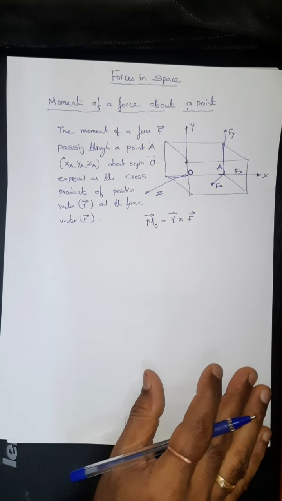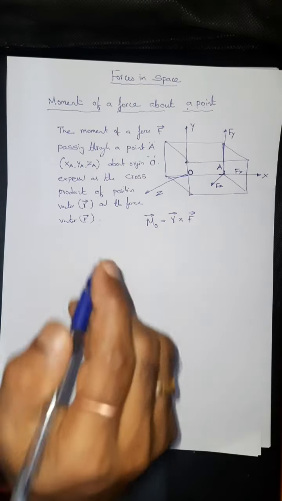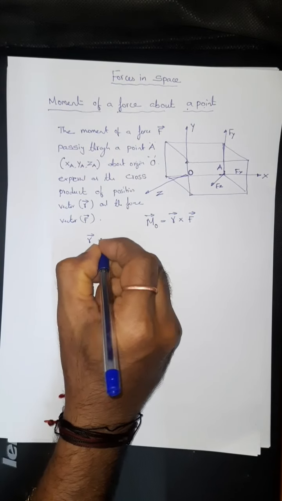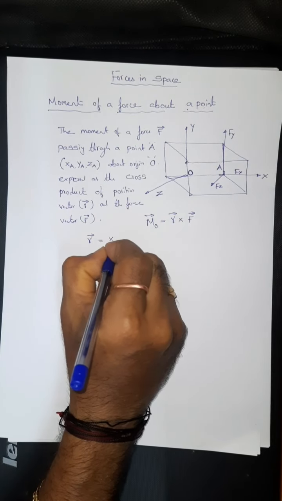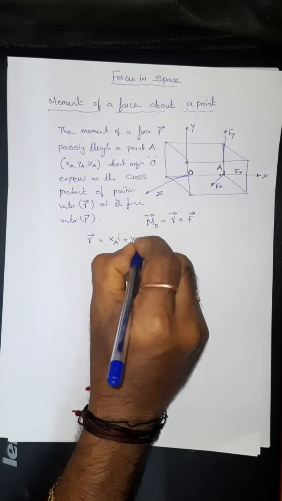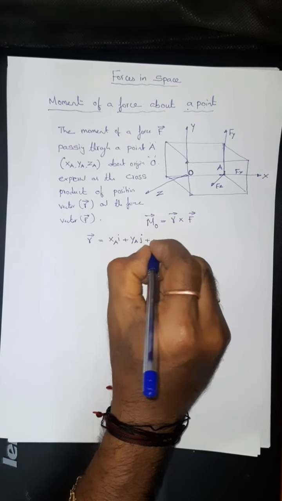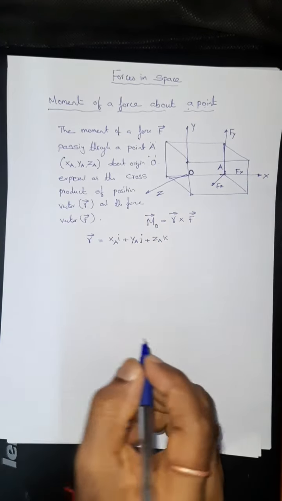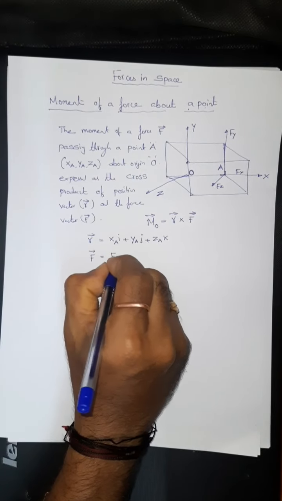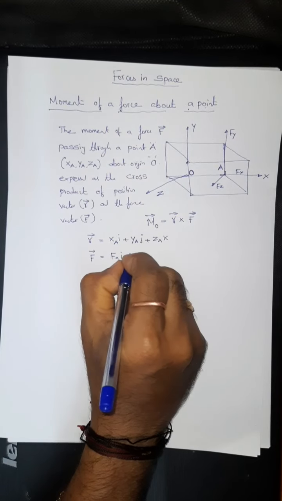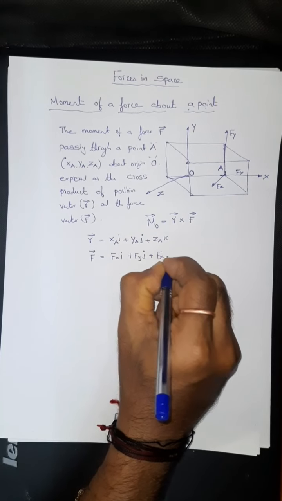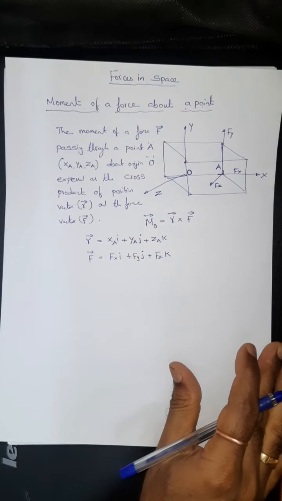The position vector can be represented by xA i vector plus yA j vector plus zA k vector, and the F vector is the force in x direction plus force in y direction plus force in z direction.